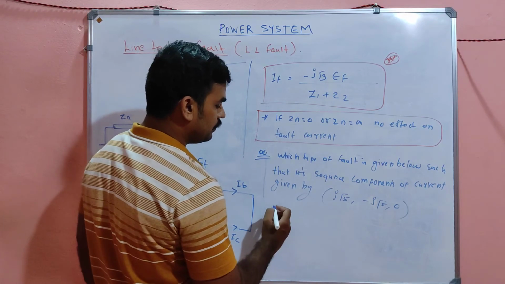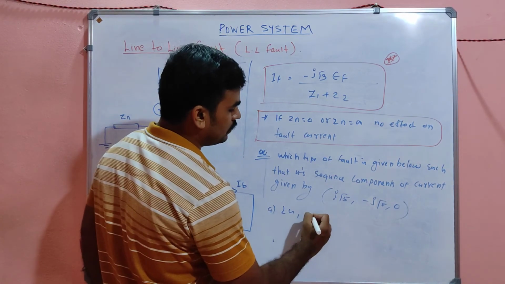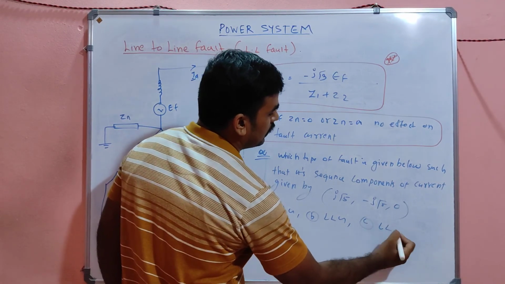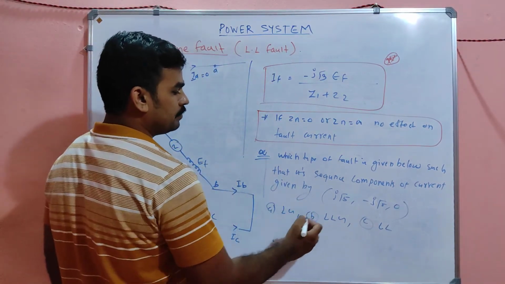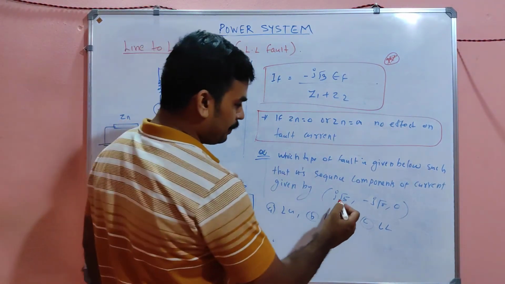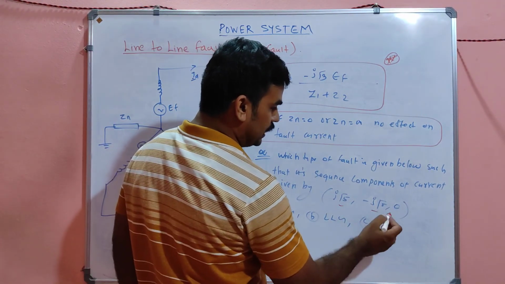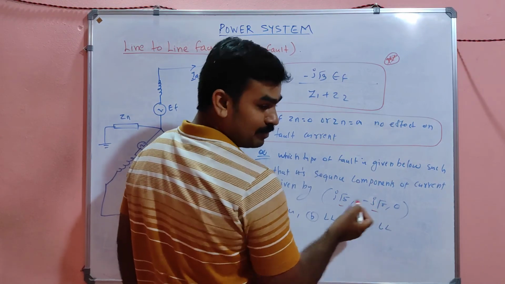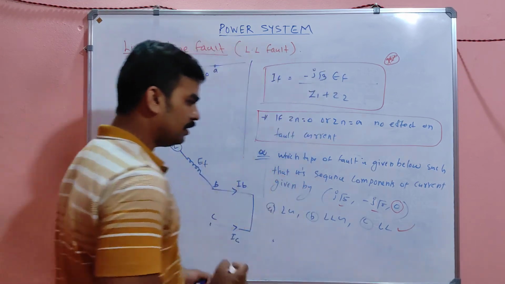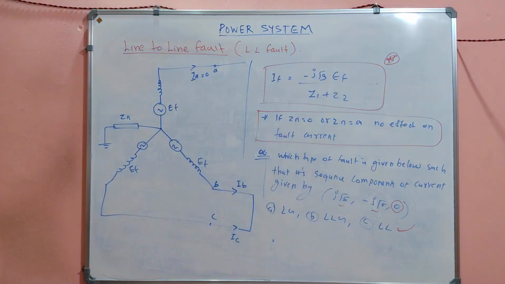Option A, LG, B, LLG, C, LL. What will be the answer? See the beauty: positive sequence and negative sequence are equal and opposite, and there is no zero sequence, so you can blindly go for LL fault. That type of question you can expect from here.